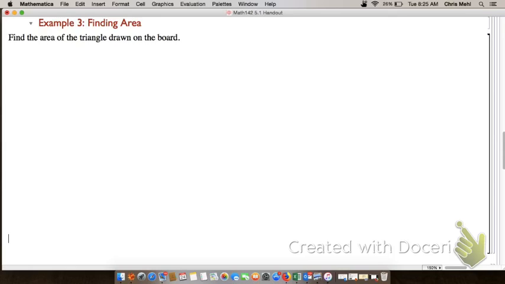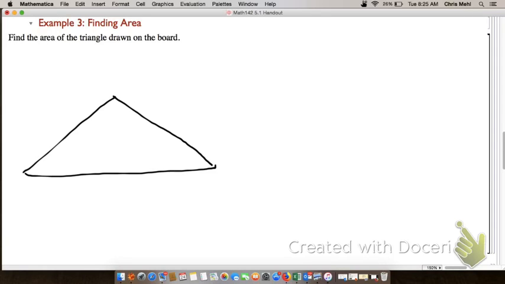Okay, now we can also use triangle trigonometry to find an angle of a triangle. So let me just draw, in class I just drew a triangle down here. And I think what I did was I said, okay, maybe this is a triangle with a 40 degree angle in the bottom left.